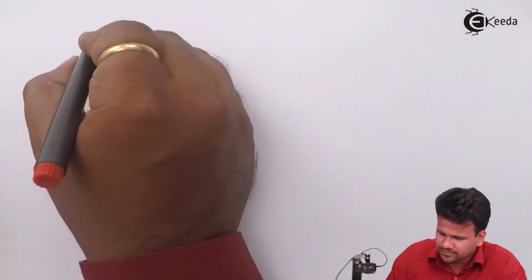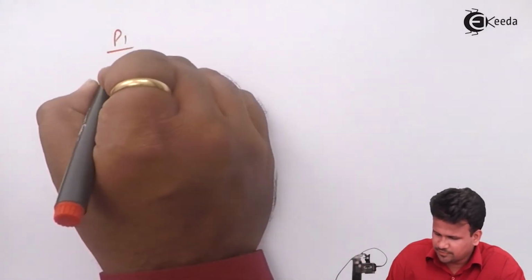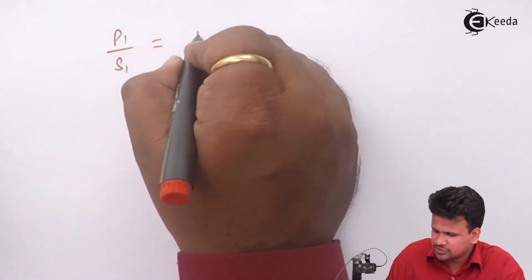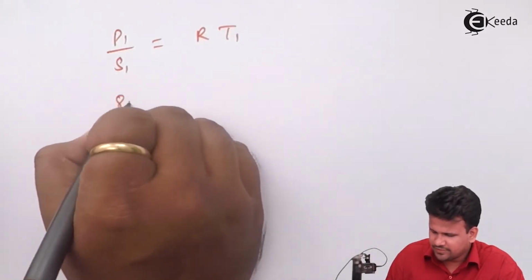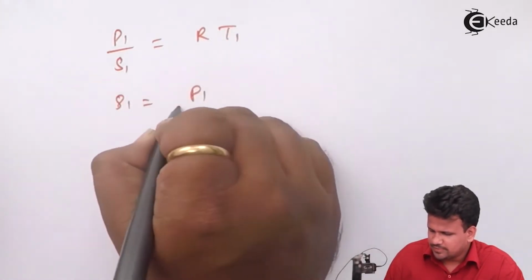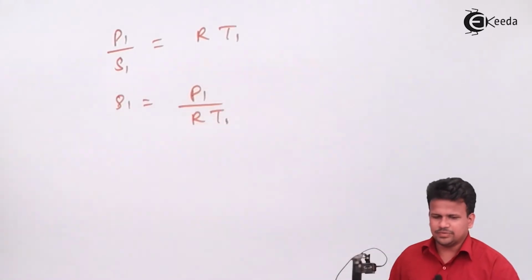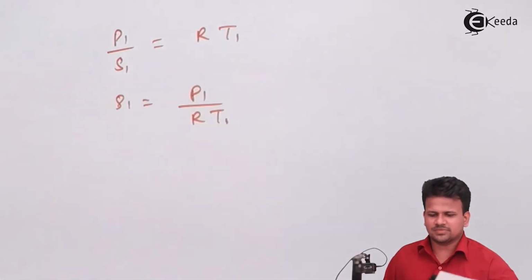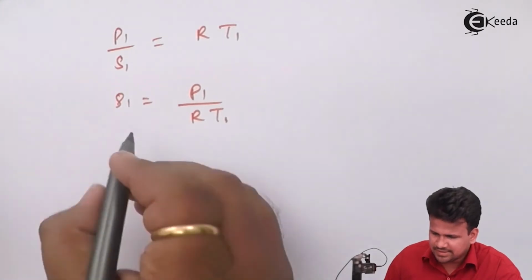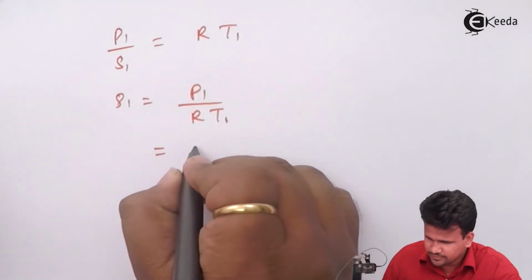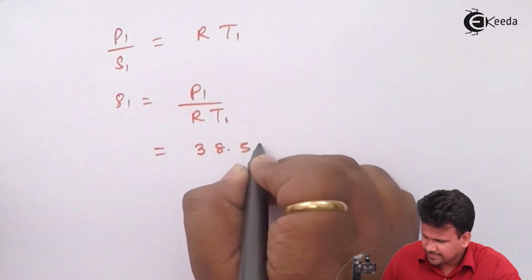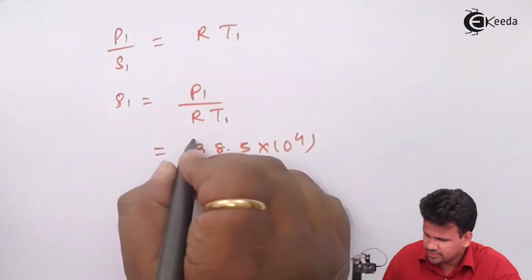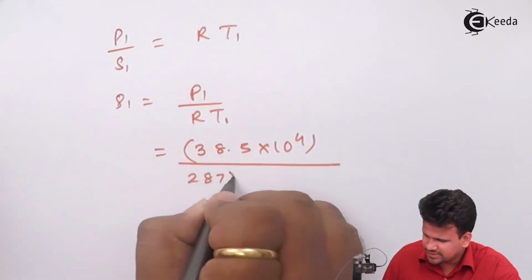We know by the ideal gas law that P1 upon rho 1 is equal to R into T1. So rho 1 will be equal to P1 upon R into T1. Let us substitute the values over here: 38.5 into 10 to power 4 upon R, which is 287, into the temperature T1.